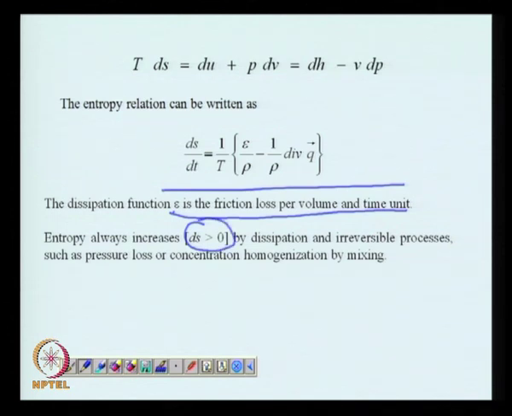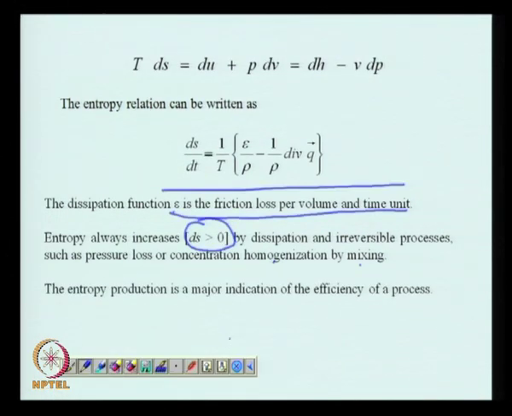Entropy always increases by dissipation, and in any irreversible process such as pressure loss or concentration homogenization by mixing. So, if the value of this dissipation is large, if the value of the entropy generation is large, that simply denotes that the system is not very efficient. The entropy production is a major indication of the efficiency of a process.